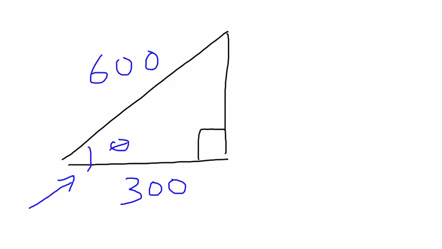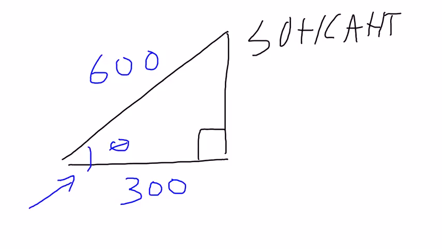Alright, well, SOHCAHTOA says that if we have a right triangle and we have an adjacent side and a hypotenuse, we should be able to find this angle using one of these three functions: sine, cosine, or tangent.